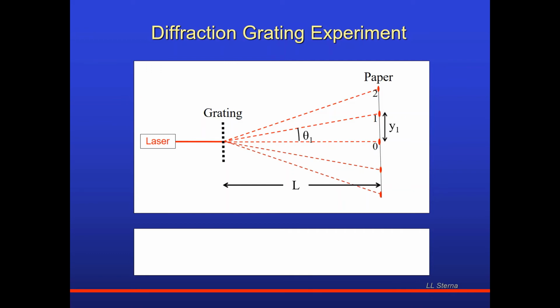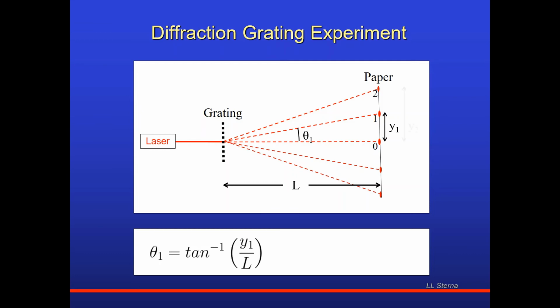Now, if you look at that right triangle defined by L and y sub 1, you notice that the tangent of theta 1, opposite over adjacent, is y1 over L. Therefore, theta 1 is the tangent inverse of y1 over L. In lab, with a meter stick, it's very easy to measure L. You put your paper and, whatever you use, a meter stick or ruler, measure the distance between the grating and the paper where you observe. Okay.